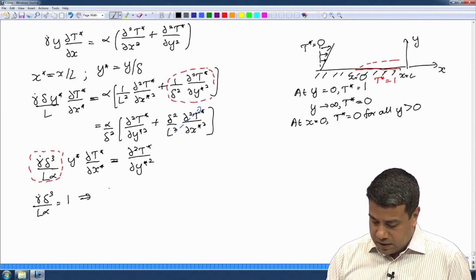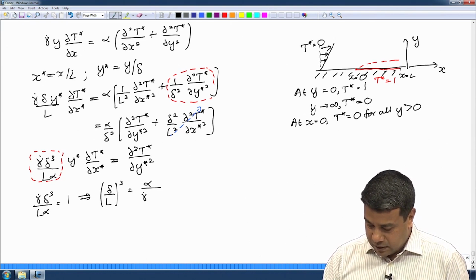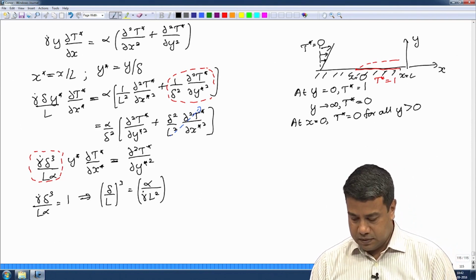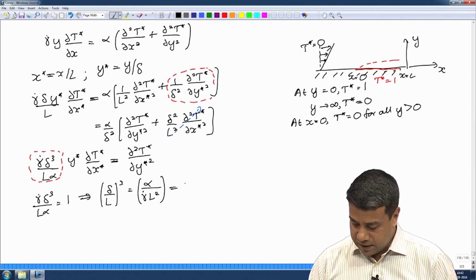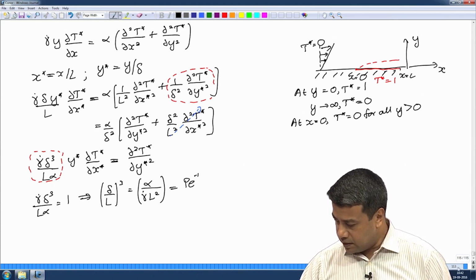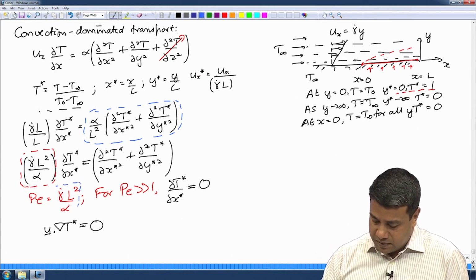Alternatively, delta by L whole cubed is equal to alpha by gamma dot L square. And this, as we just saw, was the Peclet number inverse. If you recall in the previous slide, we had defined the Peclet number as gamma dot L square by alpha.